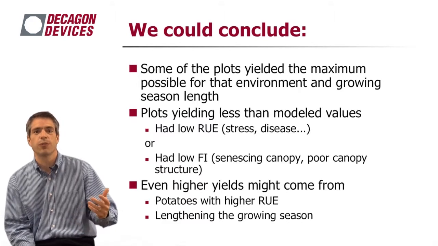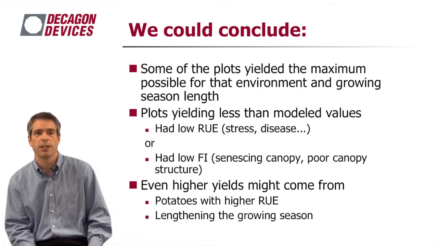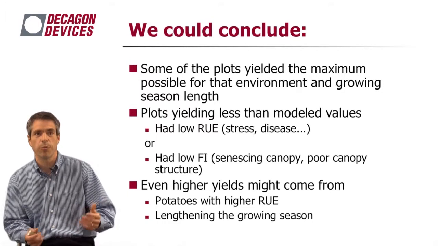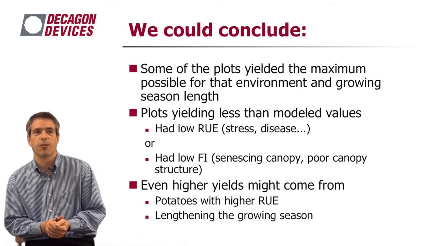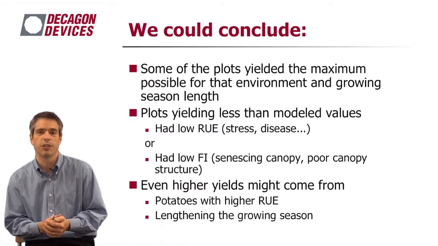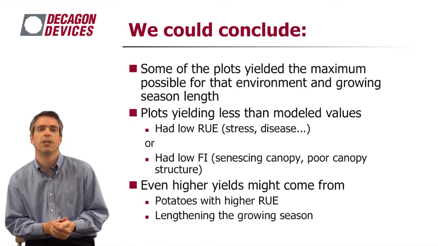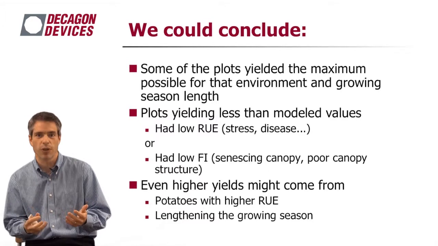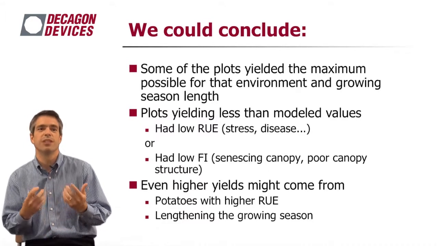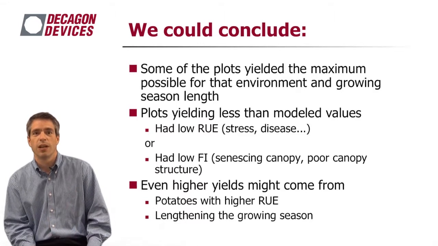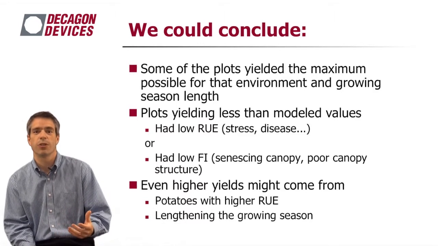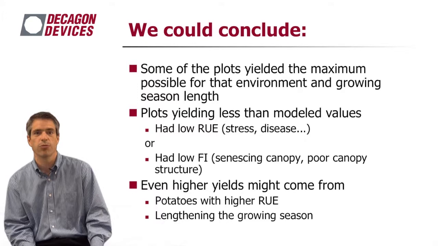So we can conclude from the relationships that I just showed that some of the plots yield at the maximum possible level for that environment and the growing conditions. That was that line there and those dots that approached the line. But all of the others that didn't get there, the lower yielding plots, had other issues. For example, one of the reasons they didn't yield high enough was that they had a low radiation use efficiency.